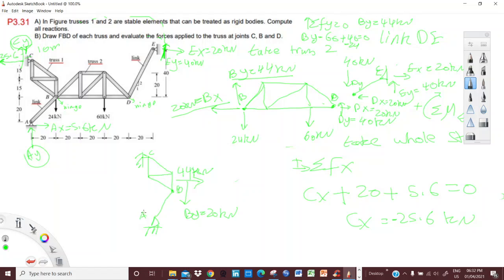So since it is here 5.6 and upward force is Ay, and here is 25.6 and upward is Cy. Can we split the structure actually? Let's split the structure.